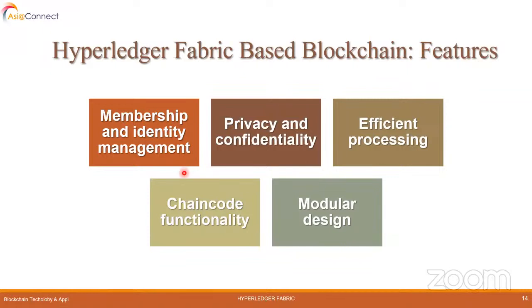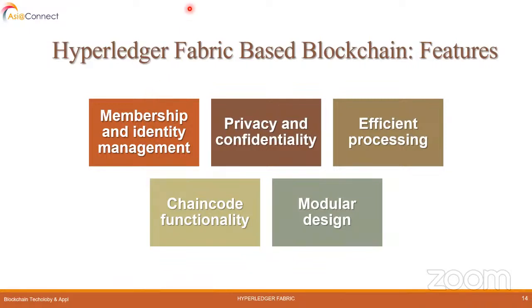First of all, membership and identity management. How do we manage that this can be a member and this cannot be a member? For example, we have what is known as IIIT Council.